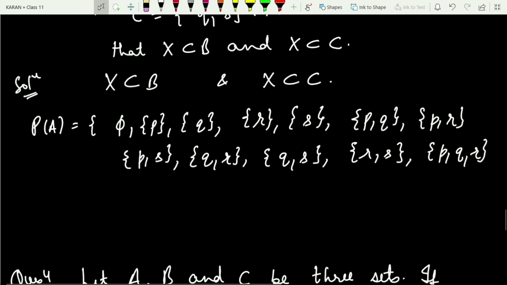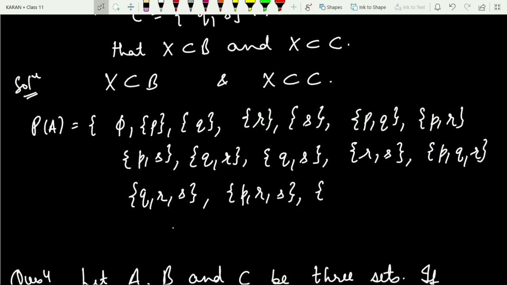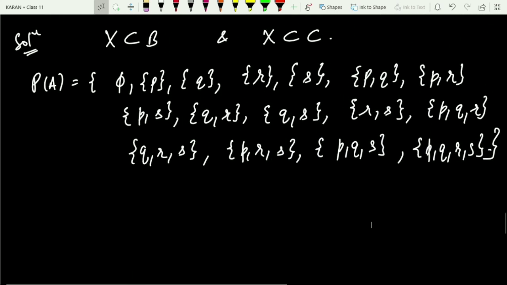And the next one is QRS. Fine. Another one, PRS, another one, PQS, and the next one is PQRS, the set itself. So these are the power set of A.